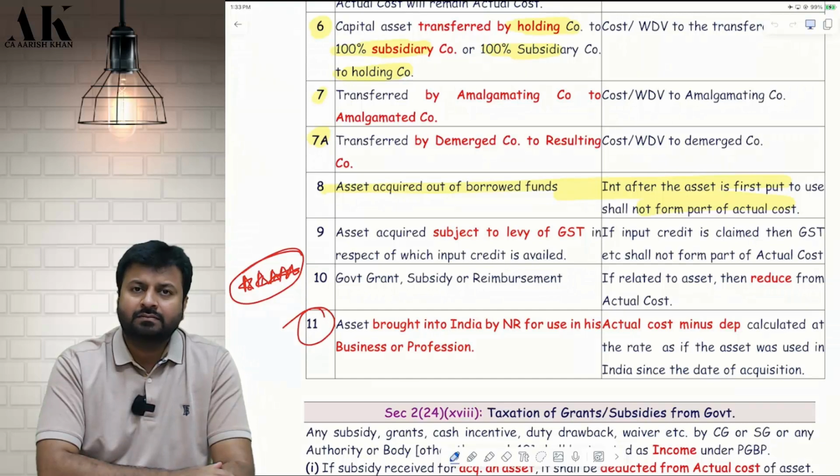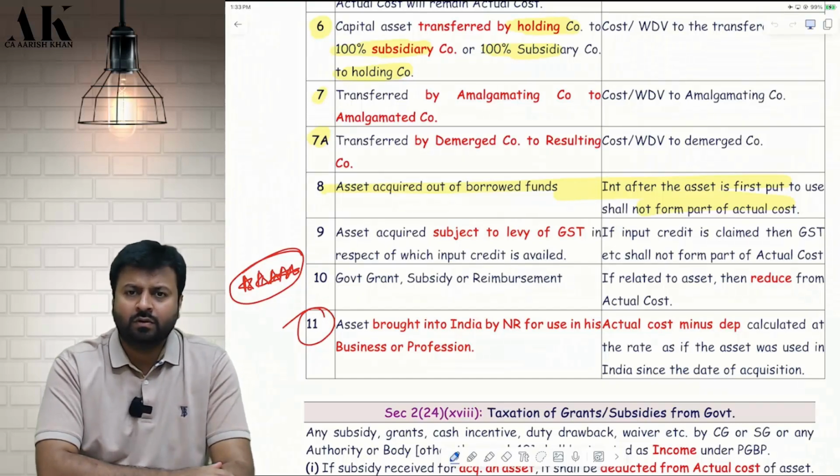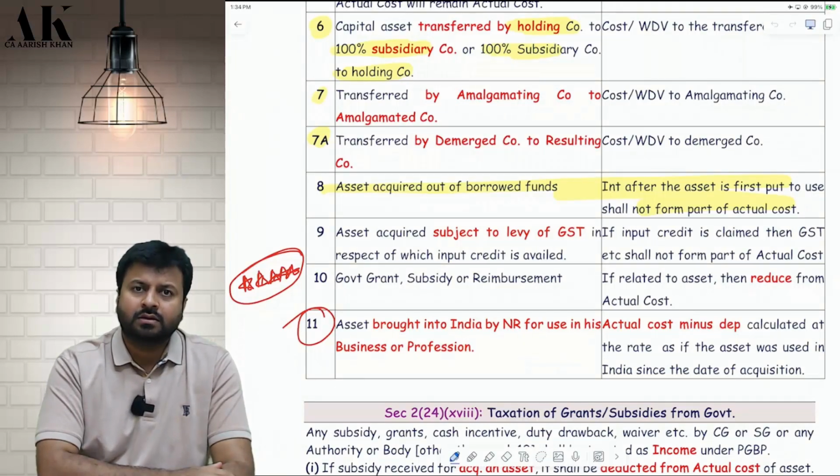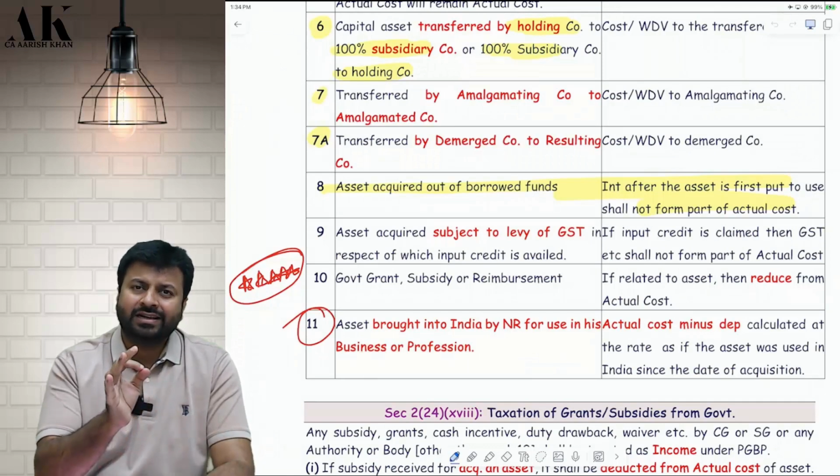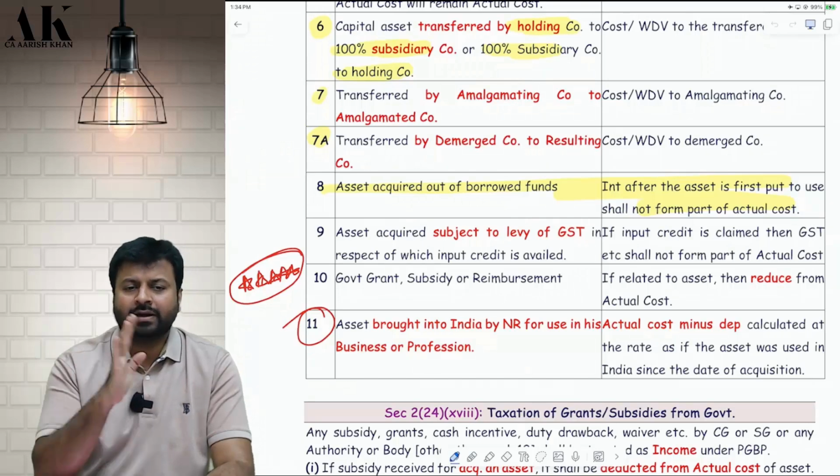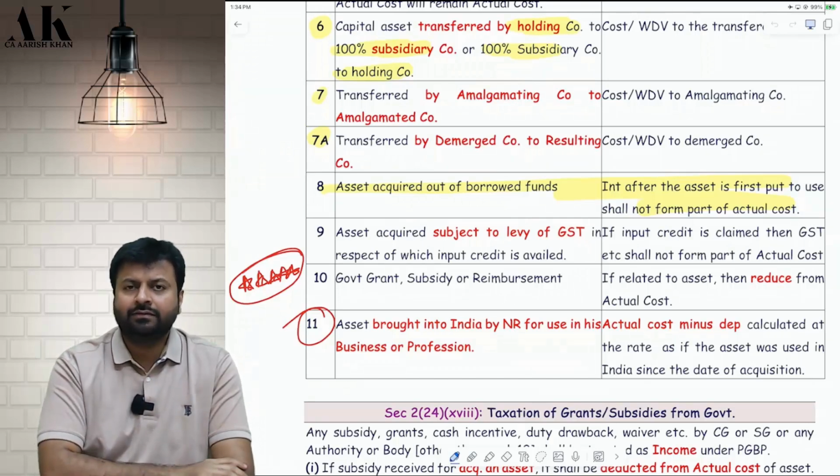The government said, you buy it and then we will give you later on. We will reimburse you after some months or years or few weeks. So all 3 of them are nothing but assistance from the government of India.